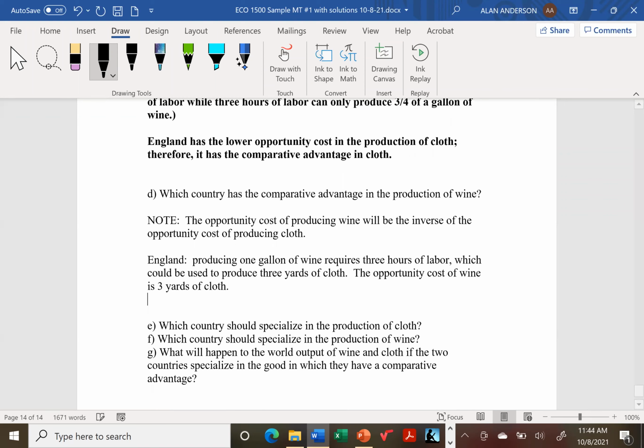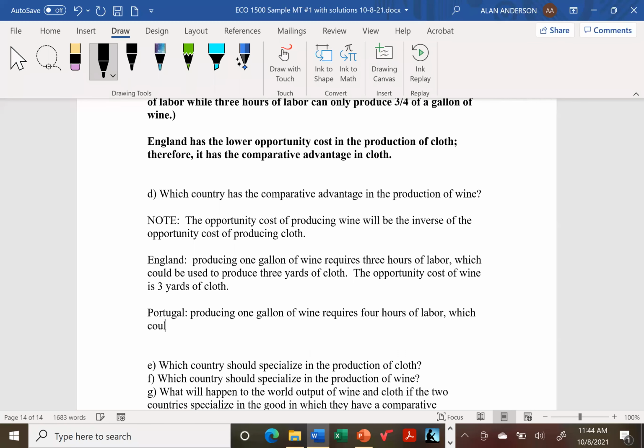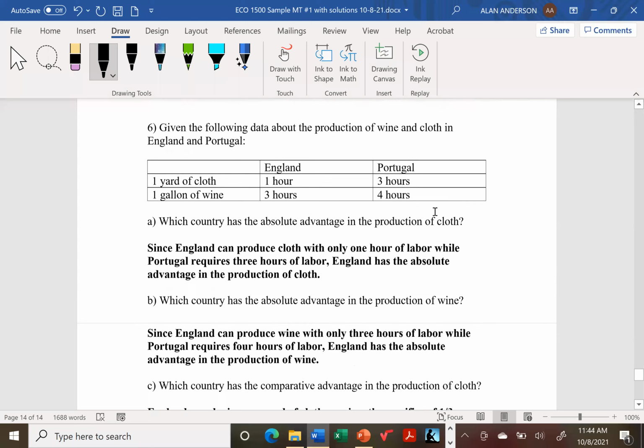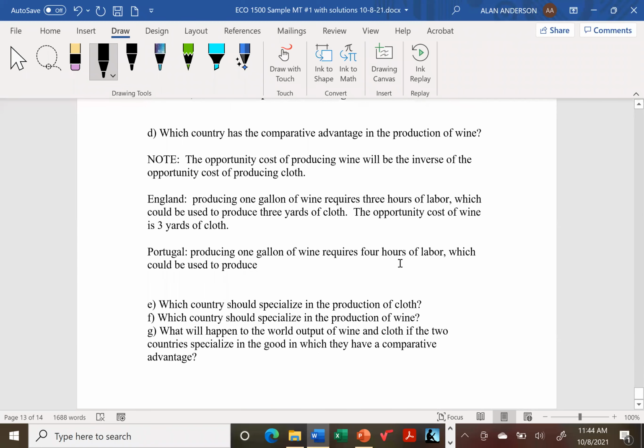Now for Portugal, producing 1 gallon of wine requires 4 hours of labor, which could be used to produce, if you look at this chart, 4/3 of a yard of cloth.